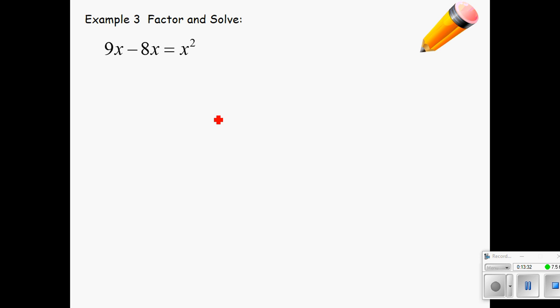Oh no, all the other ones were set equal to 0. This one isn't. Okay, so what you want to do is you want to get everything on one side. Okay, so get everything equal to 0. So we're going to move everything over.